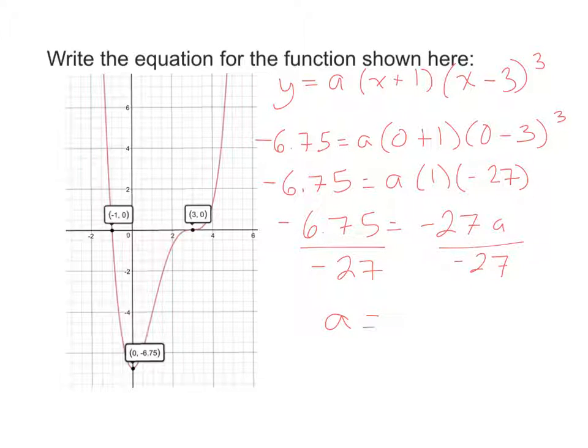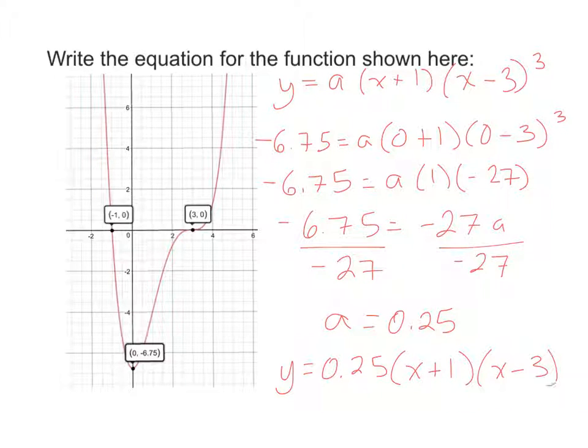And we get A is equal to 0.25, or 1/4. Which means the equation of that function is y equals 0.25, or 1/4, x plus 1 times x minus 3 cubed.